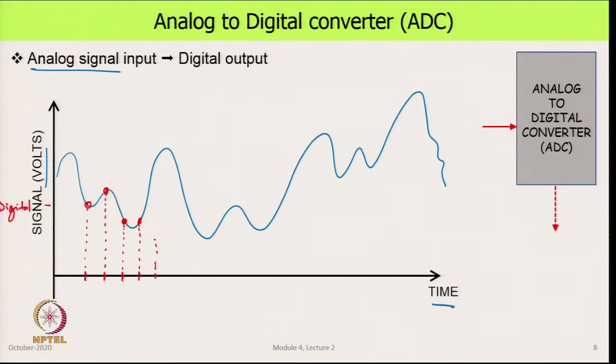Here again it is the same thing happening, it will pick up this signal, then at this point it will pick up this signal, at this point it will pick up this signal. So, in the end we will have, as a function of time, a lot of numbers.